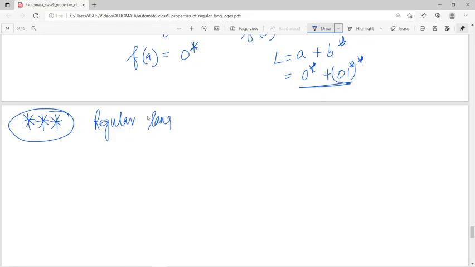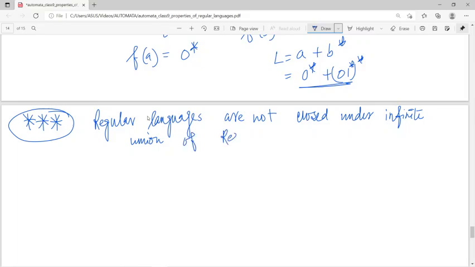That is the only exception you can say. We will study these same things in context free languages, which is why their importance is so high. So regular languages are not closed under infinite union of regular languages.